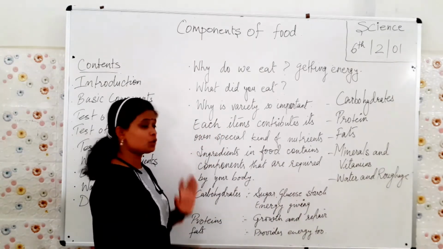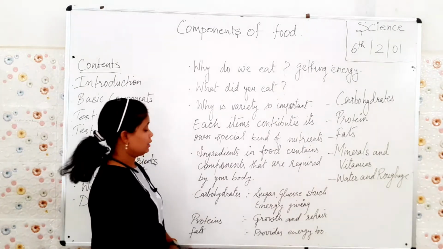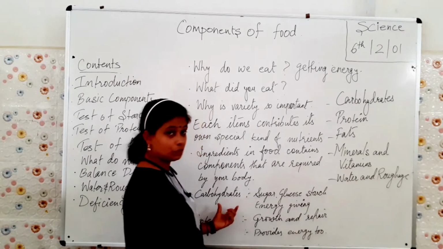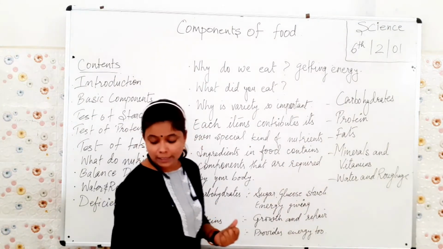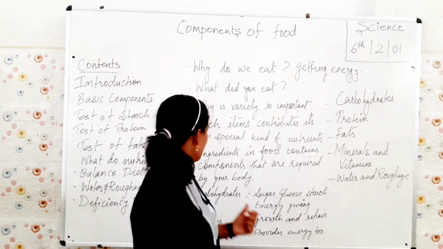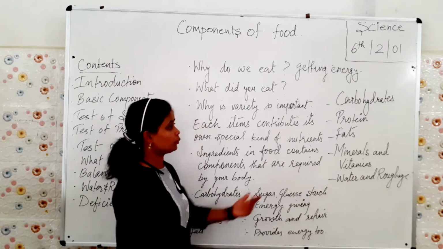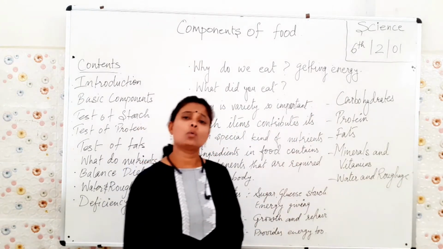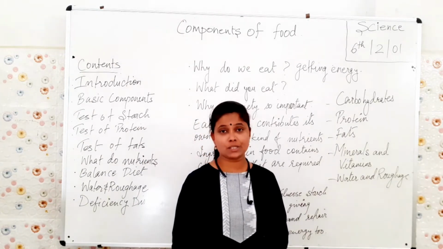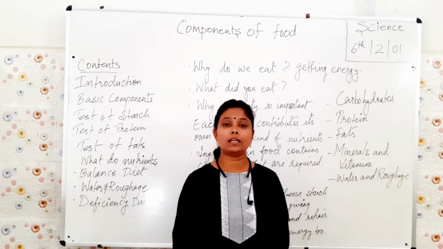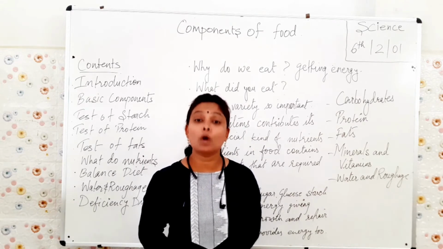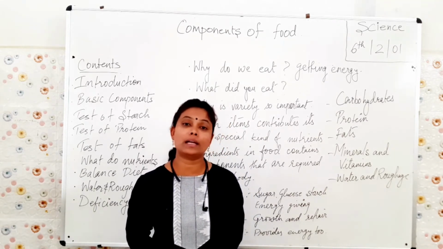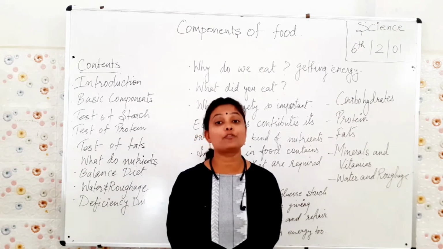Now we have understood about the ingredients. Now the time is to understand about the nutrients and what we get from them. Let's see. Very fast, we'll take carbohydrates. Now the question is, why do we want carbohydrates? What is the benefit of having carbohydrates in our body? So carbohydrate is also known as energy giving food.